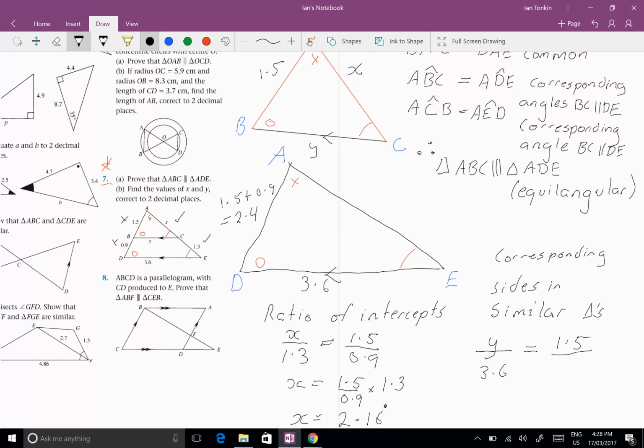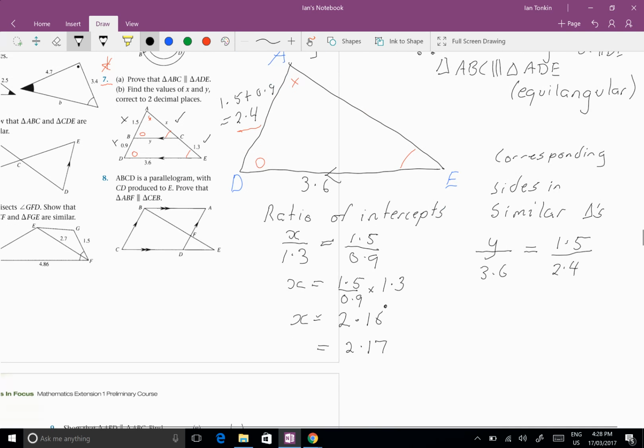And this is an important one: it's 2.4. Once you've written that, you just multiply the 3.6 over 1.5 times 3.6 over 2.4, which is 2.25, which is the answer.